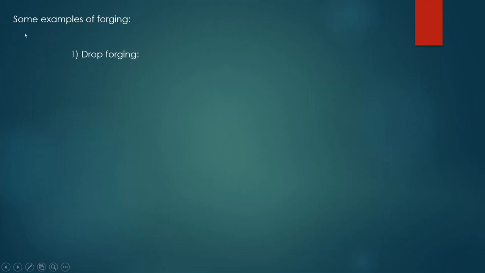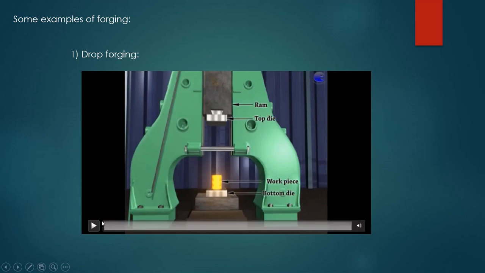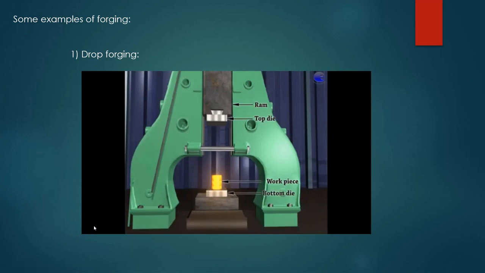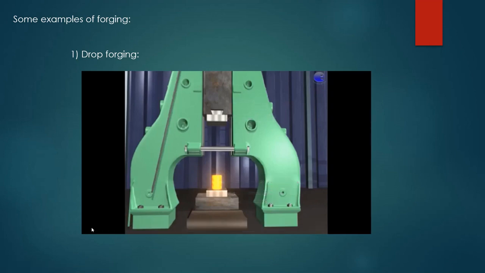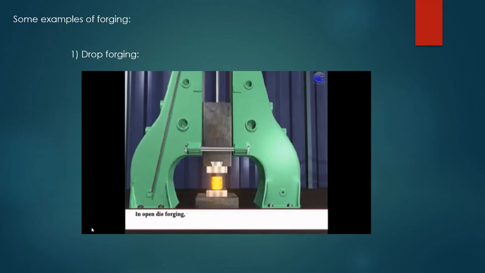So heading on to the examples of drop forging. In drop forging, the metal job, which is heated depending upon the metal as I said earlier, is placed between two dies. Here we can say that these dies are plain in structure. So when the job is placed, the rammer is raised to a certain limit and then dropped.